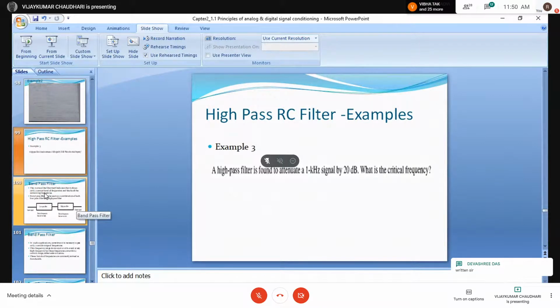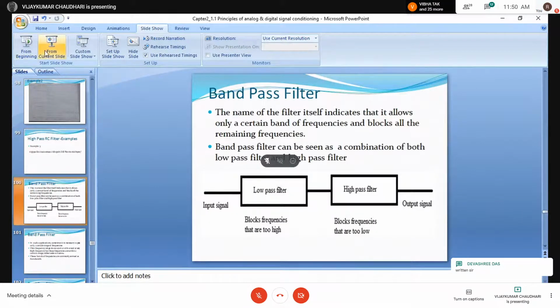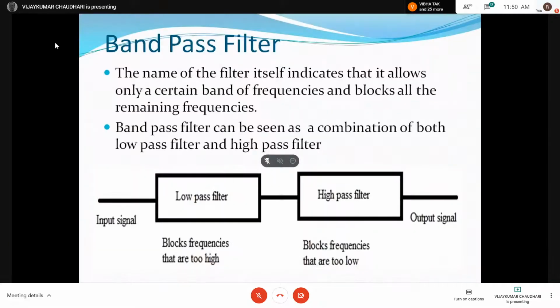So let's move on then. Let's start the next type of filter, band pass filter. As the name suggests itself, it allows a certain band of frequency and blocks all other remaining frequencies.